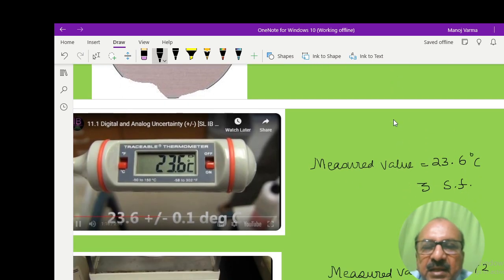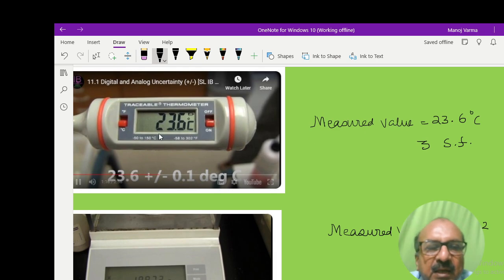Similarly here, if you see how we should report this temperature, 23.6. Here these two digits 2 and 3 are certain, but the last digit is uncertain because it may be possible that it is slightly more than 0.6 but less than 0.7.